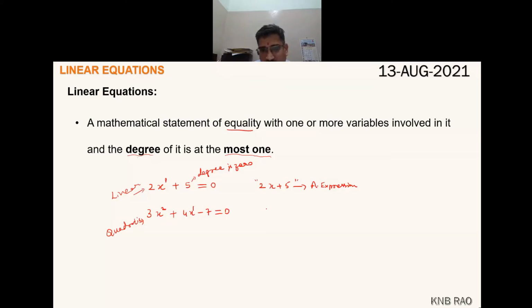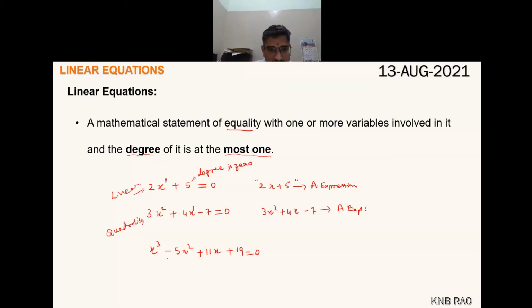Suppose it is only up to 3x squared + 4x - 7. This is called an algebraic expression, but of the type quadratic algebraic expression. And this is a linear algebraic expression. And you have seen even x cubed - 5x squared + 11x + 19 = 0.